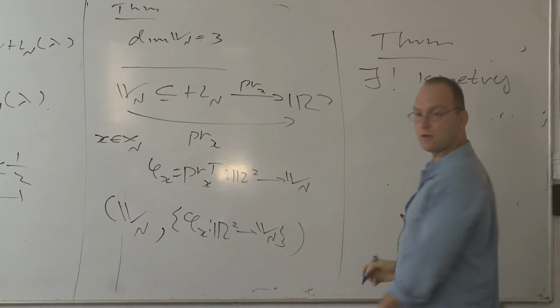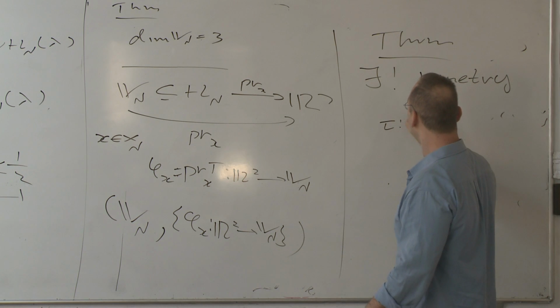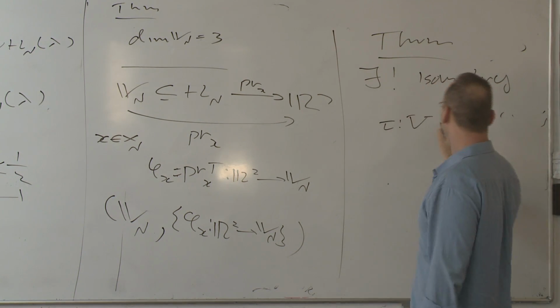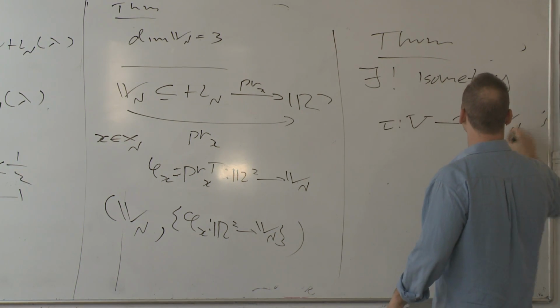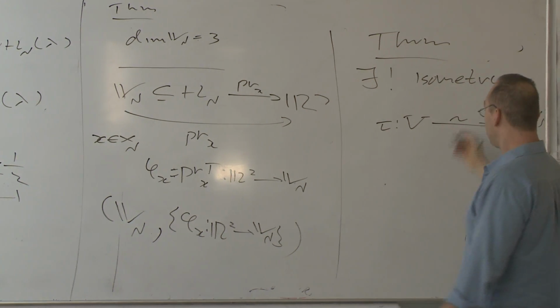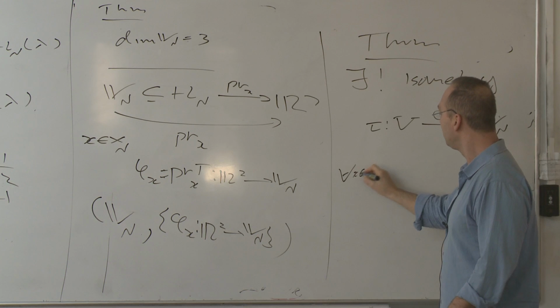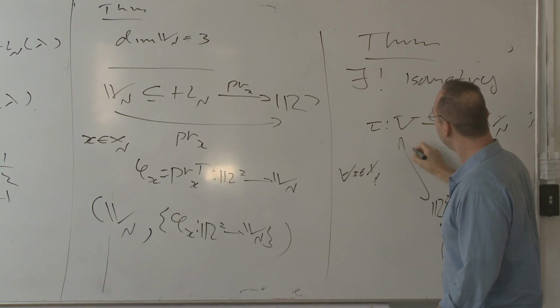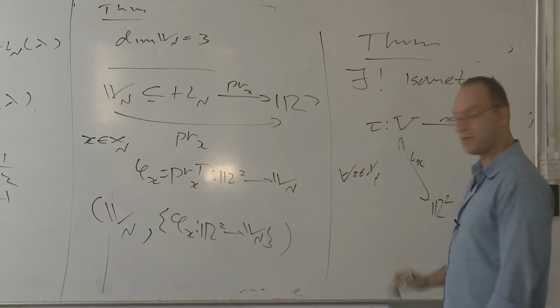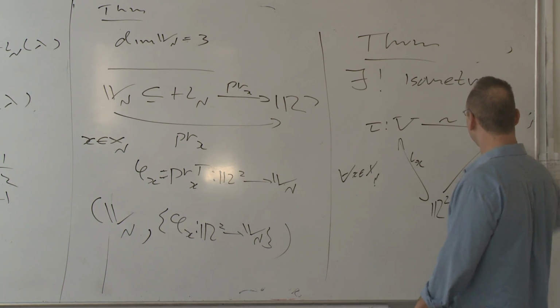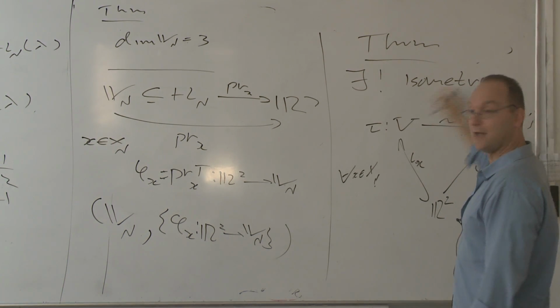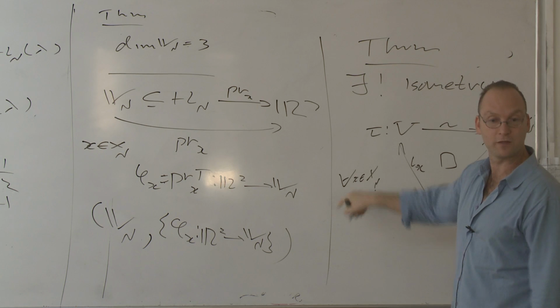There exists a unique isometry, which I will denote by tau, from the vector space V that we started with to the vector space Vn that we ended with, so that for every x in Xn, we have the iota x that we wanted to compute, and we have the phi of x that we actually computed into this vector space, and the claim is that this diagram commutes for every such label.